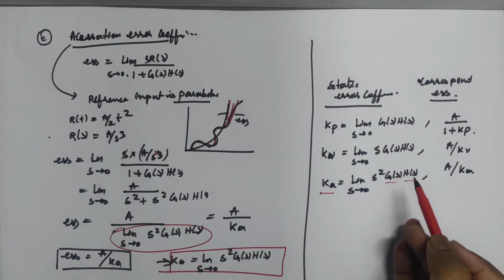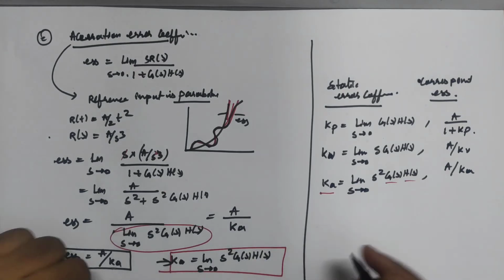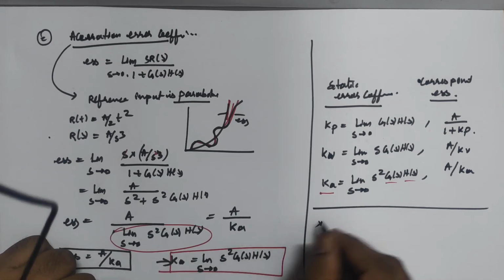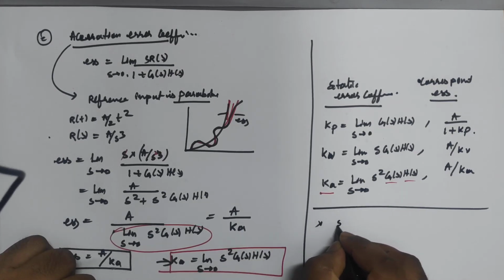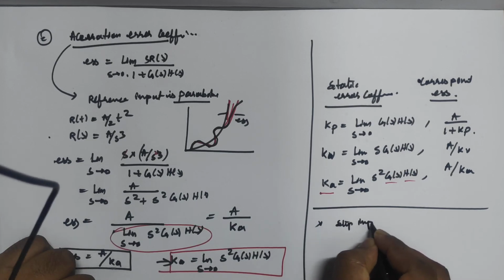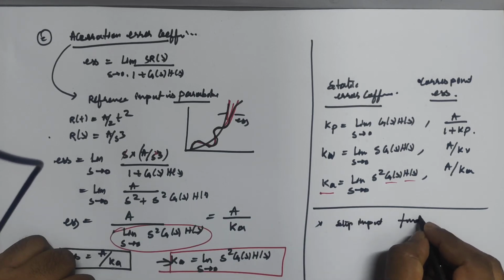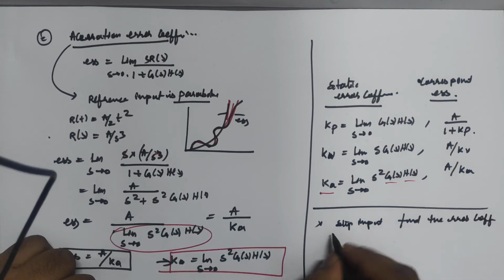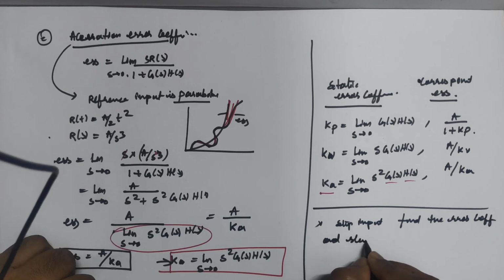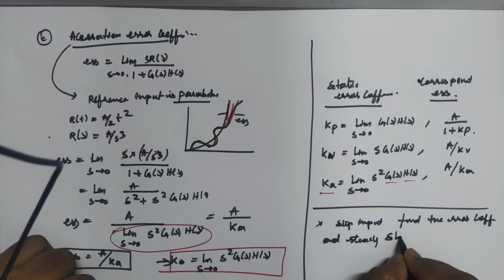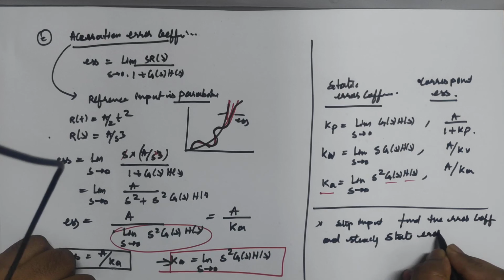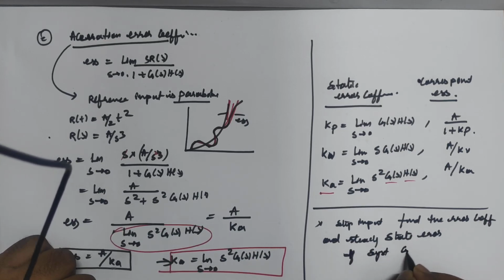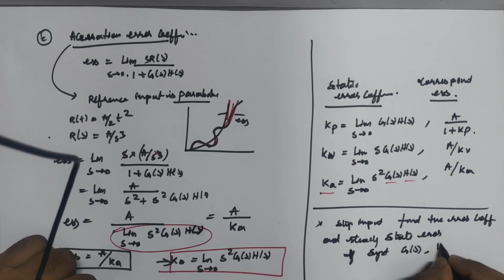For example, say I'm giving a question for a step input: find the error coefficient and steady state error for system g of s and feedback h of s.